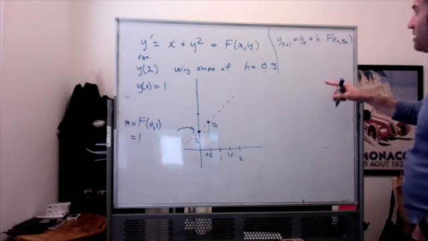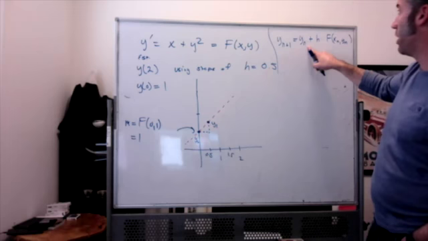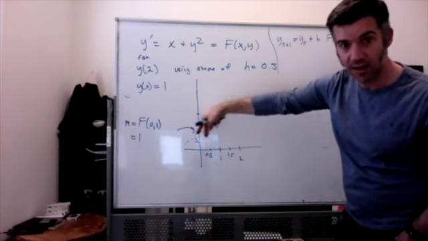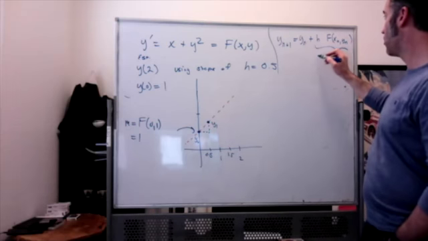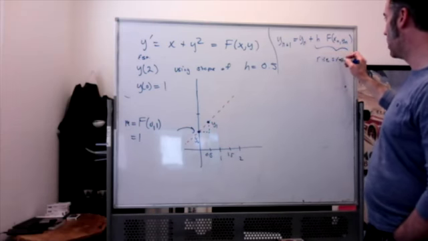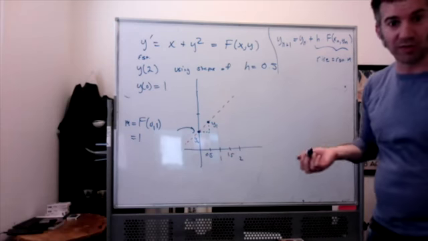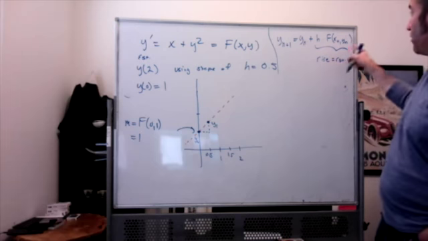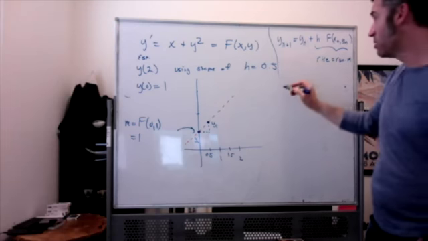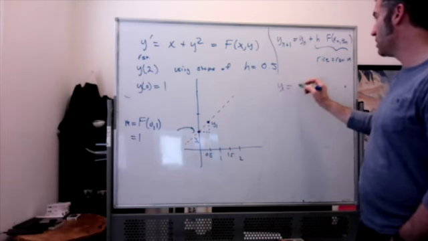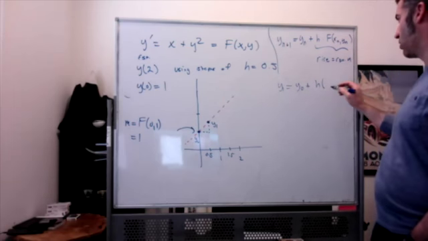All that is your previous y value, plus your run times your slope to get your rise. Rise equals run times your slope, or slope equals rise over run. So you're finding the rise and adding that onto your previous y to get your next y. So in this case, y sub 1 is y sub 0 plus h times f of 0, 1.